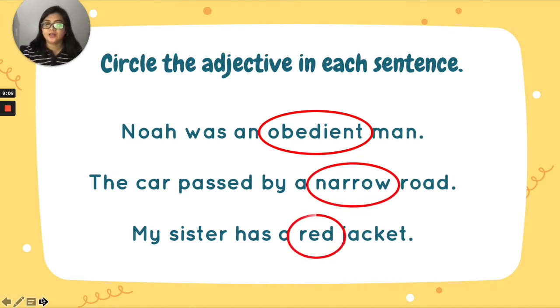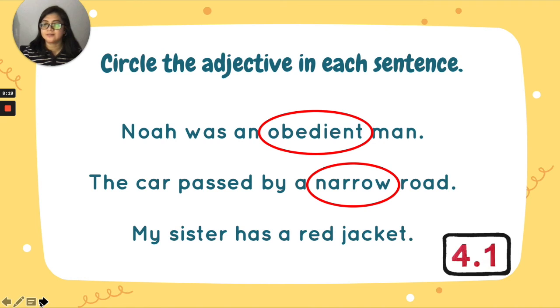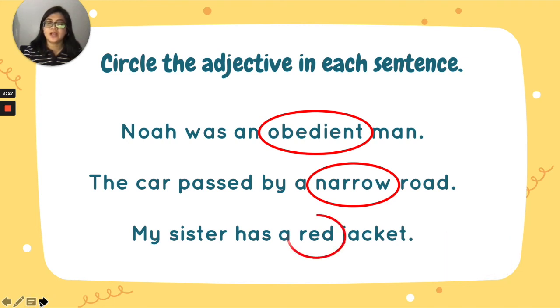Next one: my sister has a red jacket. Which one is the adjective? 5 seconds. Okay, the answer is red. The word red is the adjective.